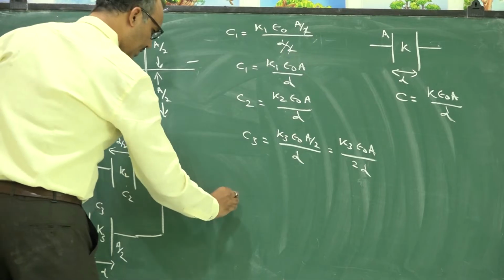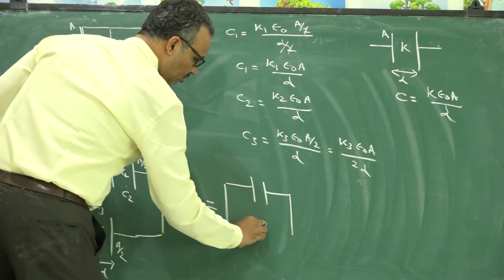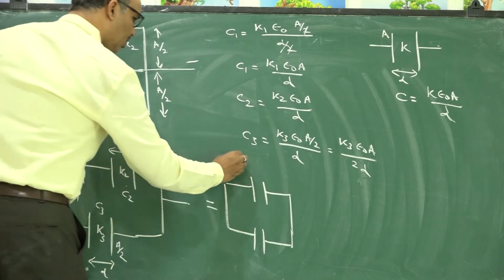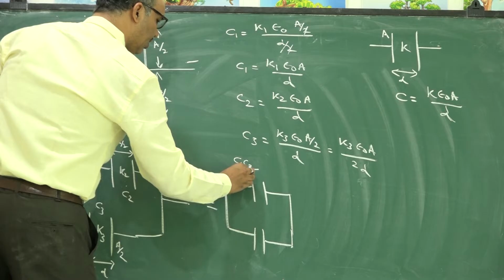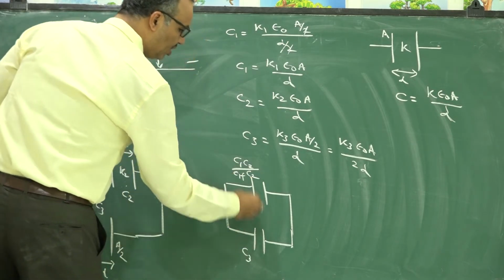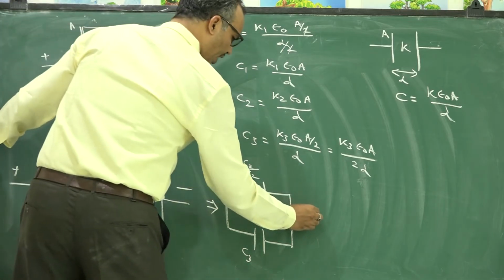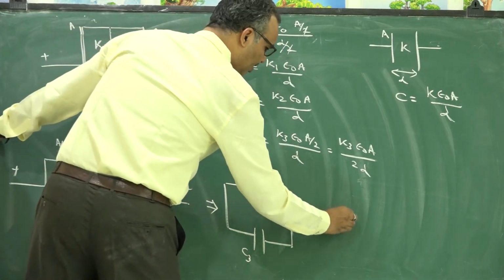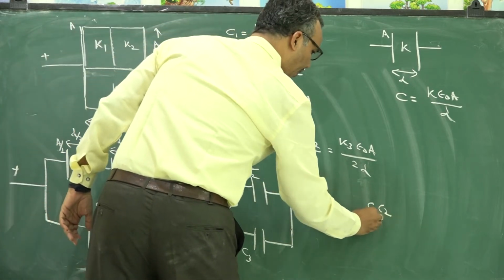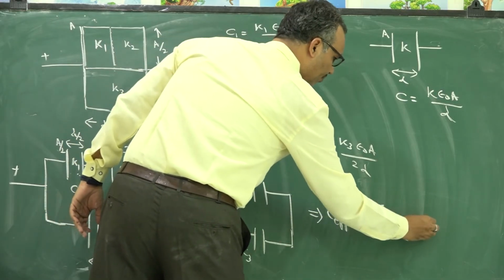By combining the upper two capacitors, you get an effective capacitance of C1 C2 by C1 plus C2. The lower capacitor has capacitance C3. These two are parallel to each other, so the effective capacitance is the sum of these two: C1 C2 by C1 plus C2, plus C3.